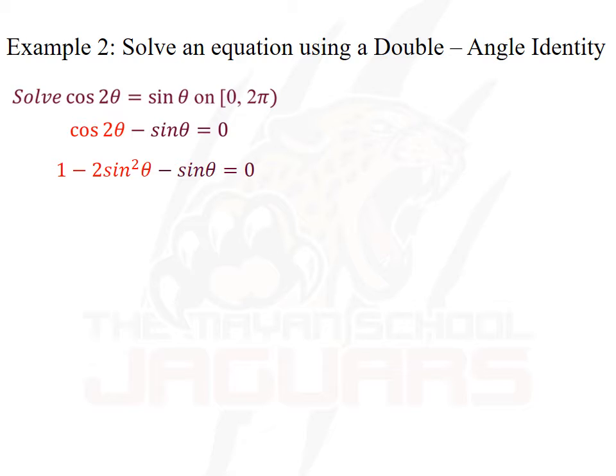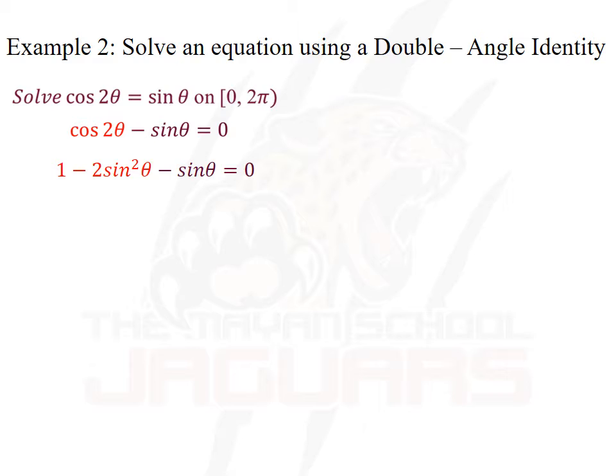So instead of copying cosine of 2 theta, I replace it by the other side of the identity, 1 minus 2 sine square of theta. And I continue with my equation: minus sine of theta equals 0. Now, if you notice, this is a quadratic equation where we have the function sine.